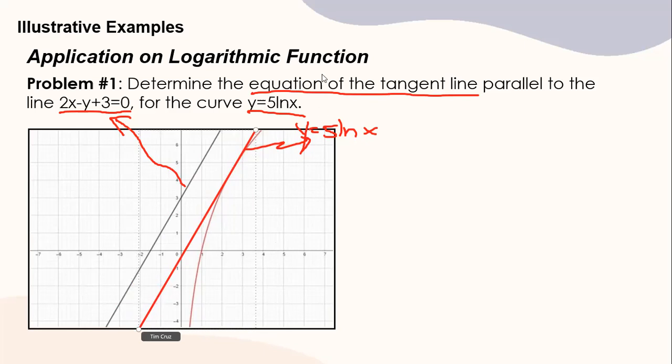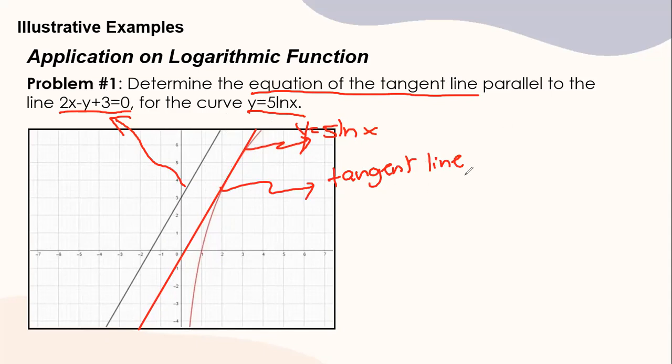So, that is the tangent line. Okay? So, ano daw ba yung equation ng line na yan? So, parallel daw siya dito sa line na given 2x minus y plus 3 is equal to 0. Tapos tangent sa y is equal to 5 ln x. So, paano natin kukuhanin yon?